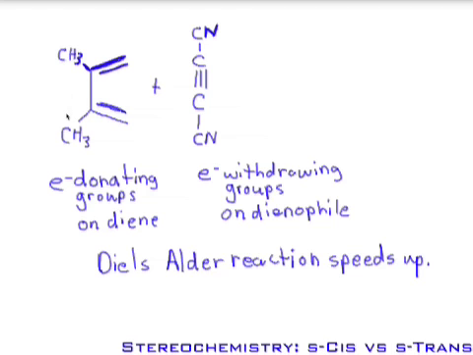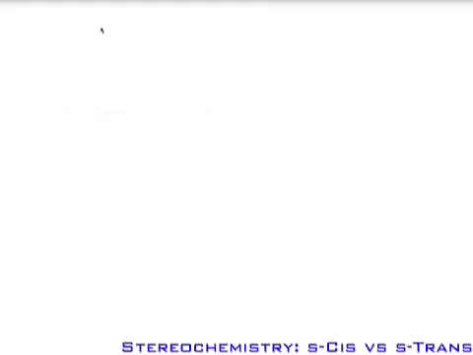In terms of stereochemistry, we see that I'm always drawing my diene this way. Well, that makes sense if you're going to make bonds in that direction. But you've got to notice that the single bond here has free rotation. The diene can adopt this conformation around that.